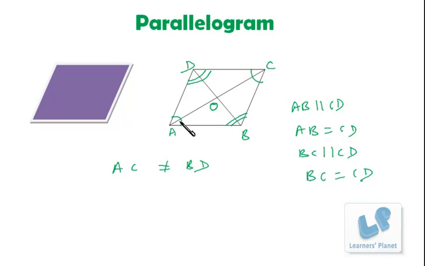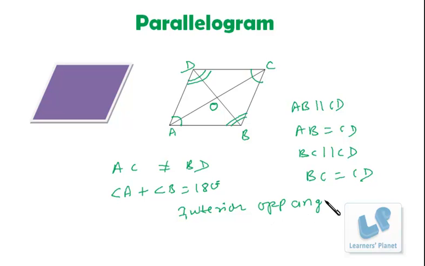Apart from that, the sum of this angle plus this angle, angle A plus angle B, will be 180 degrees, and similarly angle B plus angle C will be 180 degrees, angle C plus angle D will be 180 degrees, and angle D plus angle A will be 180 degrees, and we call them interior opposite angles.